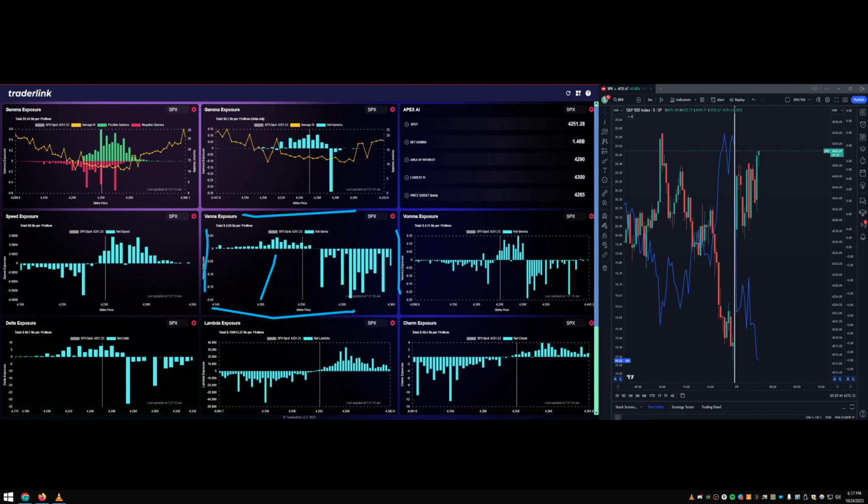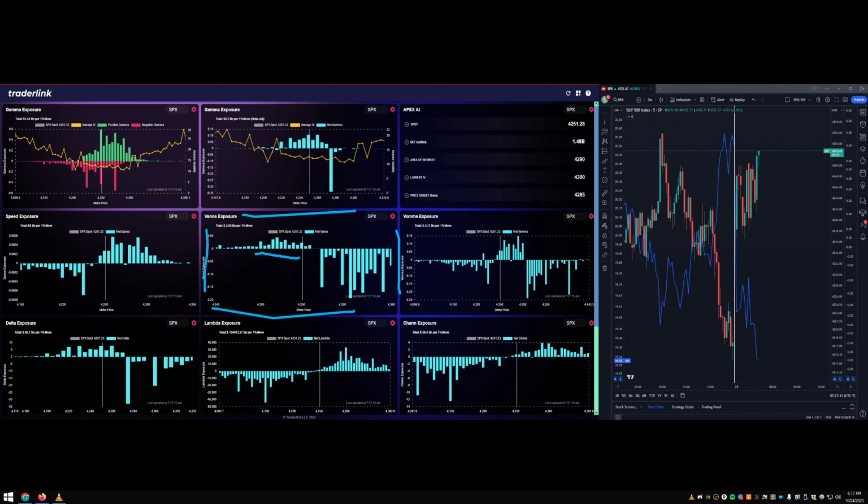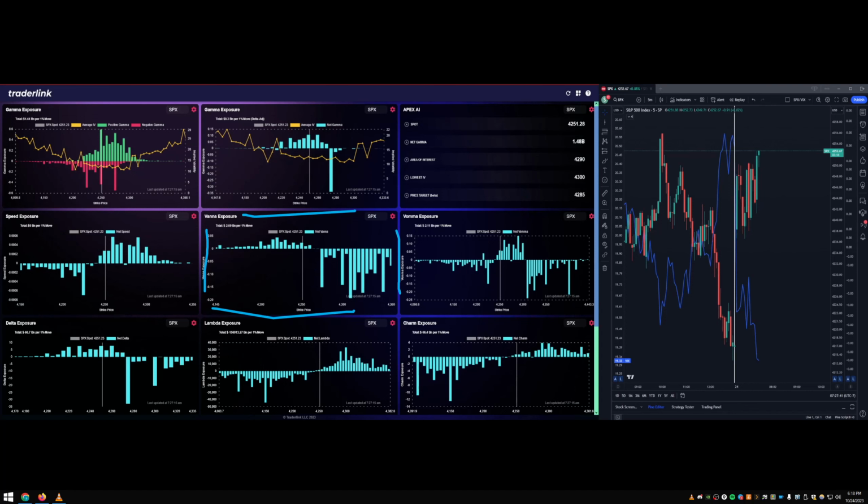And when we're in a positive environment, these bigger bars slow the price down. So as we go through them, they're going to act as resistance. If we are above them, they are support. When the bars are small like this, we're going to move through them quicker. So like this area, we'd move really fast through.